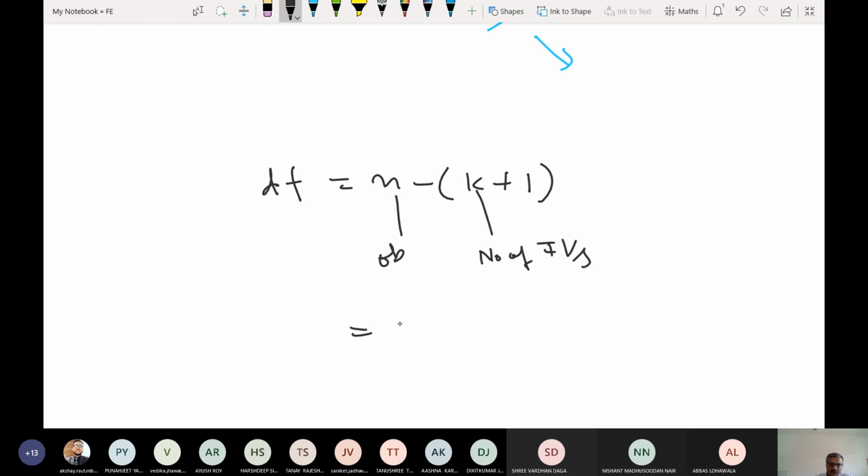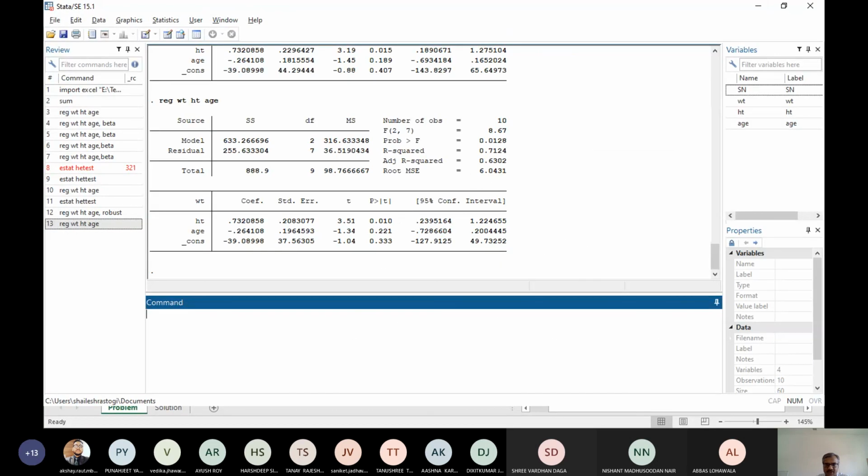If I put in the value, the number of observations is 10, and the number of independent variables is 2. Actually, 1 we are adding because we are estimating 3 parameters: beta 0, beta 1, beta 2. The number of independent variables is 2, and 1 we have to add because this signifies the constant term. That's why this formula has k plus 1. So this gives me 7, which we are supposed to report.